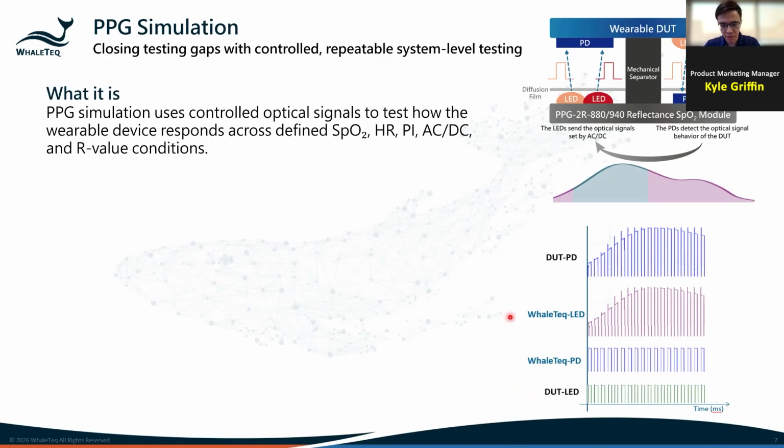So here is our simulated reflection from the pulse pattern that you're sending out. We are simulating that, sending that out, and then you will be receiving that with your PD. And this piece here is an example of a segment of a PPG waveform.